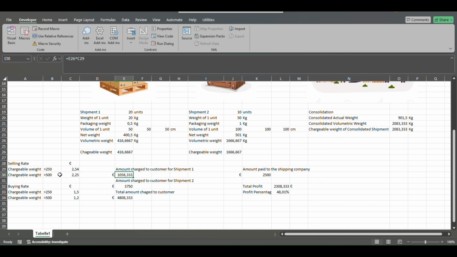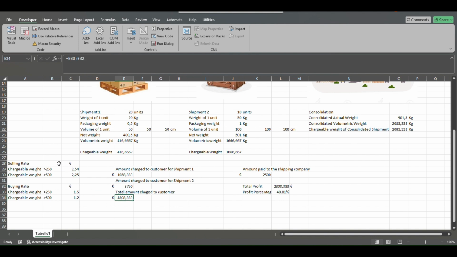Because the chargeable weight is less than 500, we multiply 416.67 by 2.54, so it comes up to 1058.33 euros. For shipment 2, the chargeable weight is greater than 500, so we multiply the chargeable weight by 2.25. So it comes up to 3750.